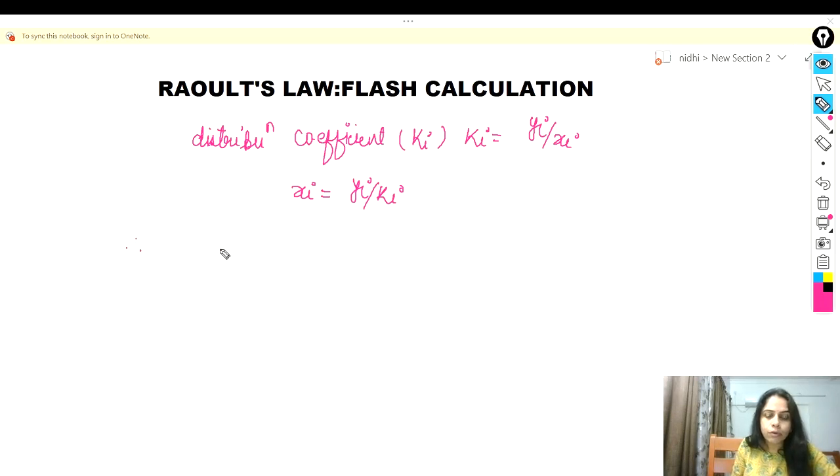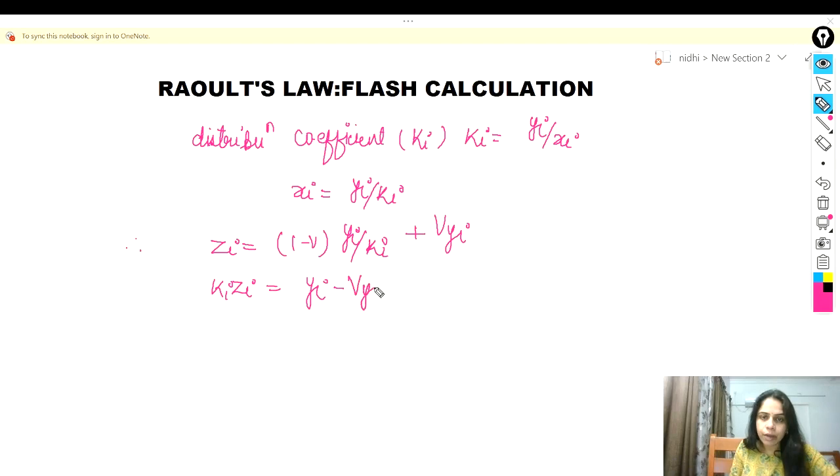Therefore, we have Zi is equal to (1 minus V) times, in place of Xi, Yi upon Ki, plus V Yi. Rearranging this, taking the LCM, Ki Zi is equal to Yi times (1 minus V plus V Ki).